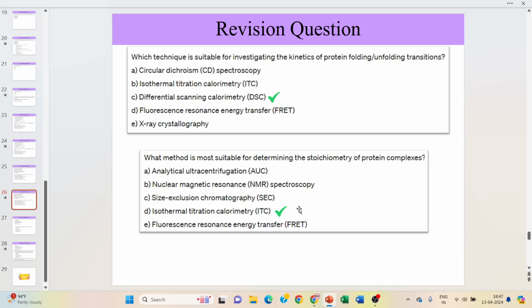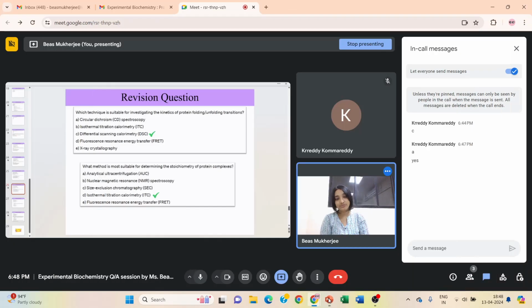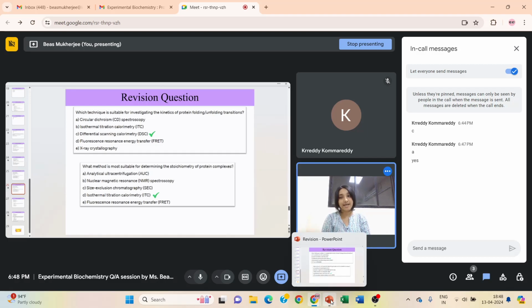But I will have to check whether this is correct or not. And which technique is suitable for investigating the kinetics of protein folding and unfolding reaction? This should be differential scanning calorimetry. You can find out how it works.